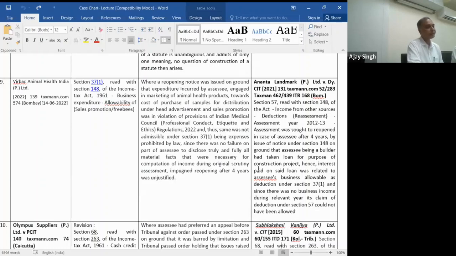And second, no new information has been brought on record. The reasons they referred to are the medical council rules, which were always prevalent. Exactly. It was nothing new.